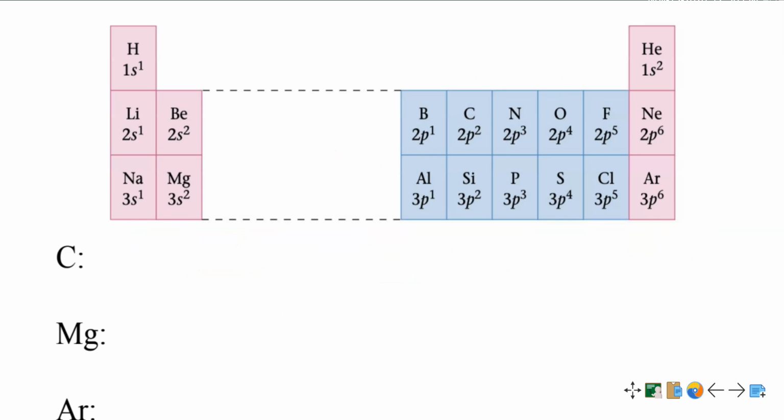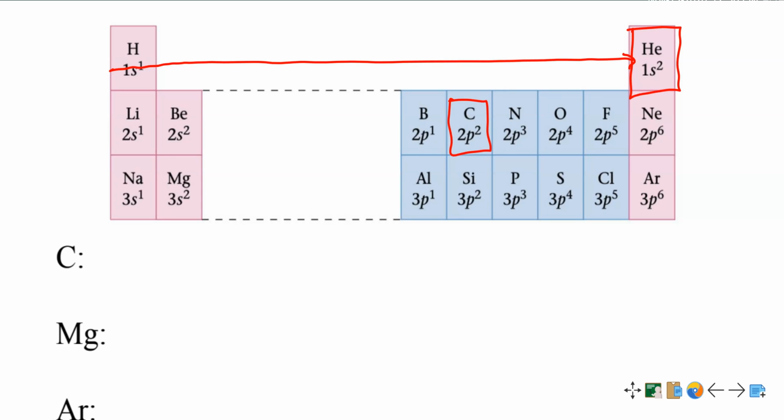So let's go ahead and try a couple. Let's talk about carbon. Carbon is right here. What this means is that we had to go through hydrogen and helium, and that was the last filled principal energy level before carbon, which means that's the first part, the core part of my carbon configuration.